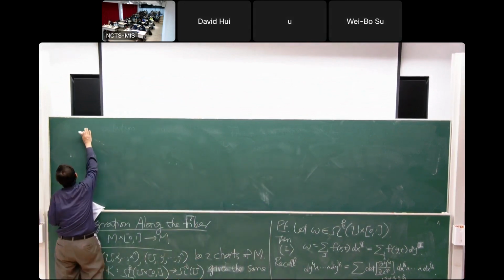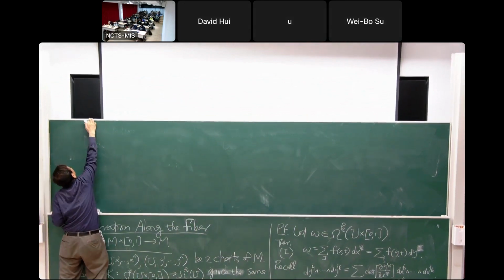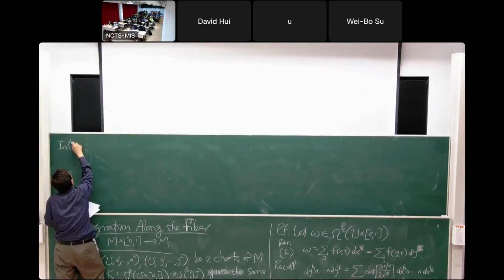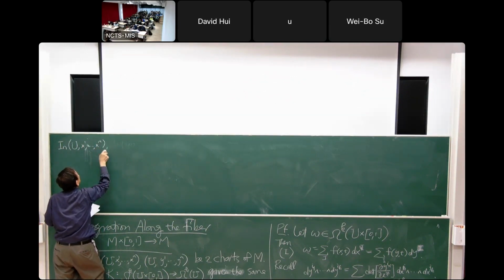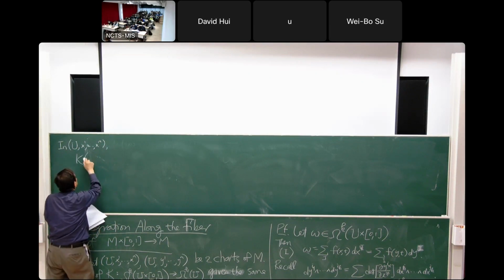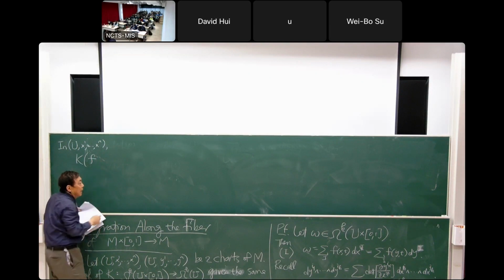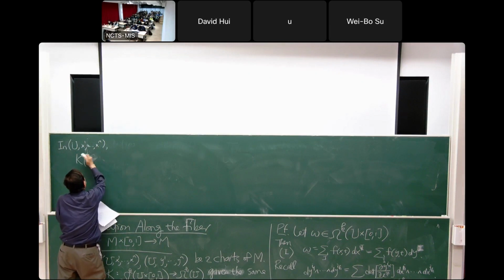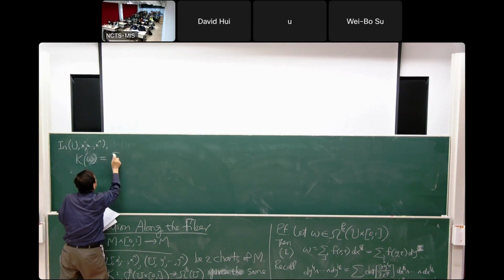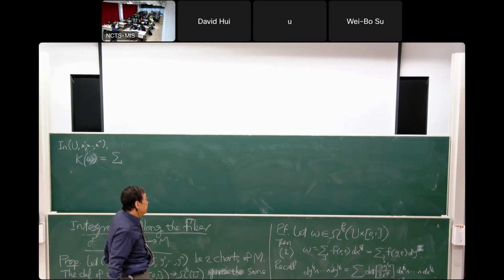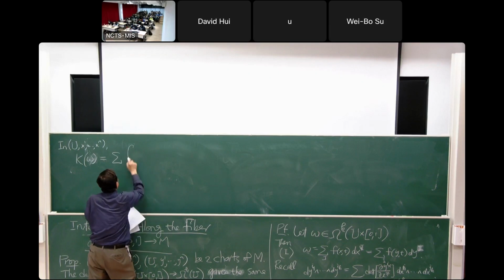In the x coordinate system, K of omega is going to be the sum of the integral.